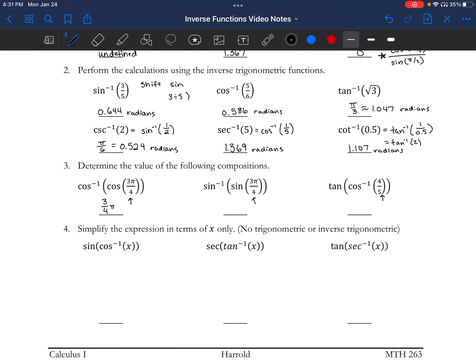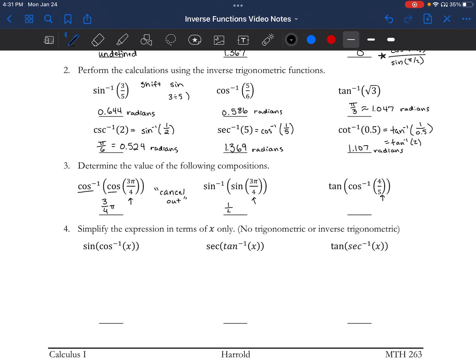Now, there's something I want to mention to you when I do the next one: since these are inverses, I'm going to use the word, quote unquote, cancel out. Now, trig functions are a little bit unique. As you saw in the last video, I kind of have to slim things down a little bit to make it work. So when I actually do the next one, shift sine of 3 over 4 pi, I want you to notice we don't actually get the same answer.